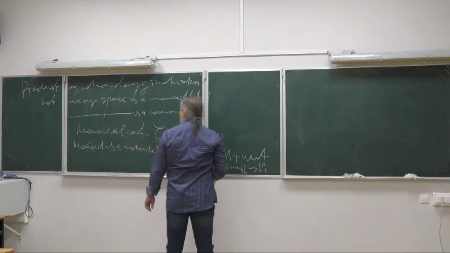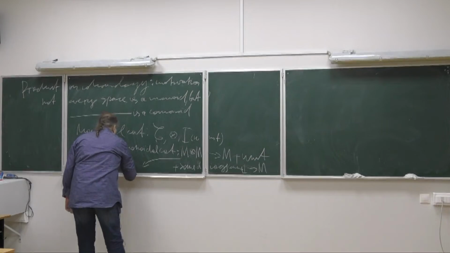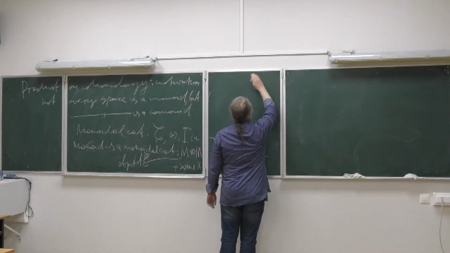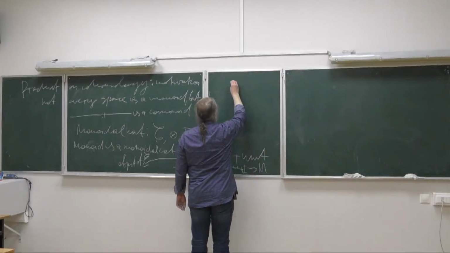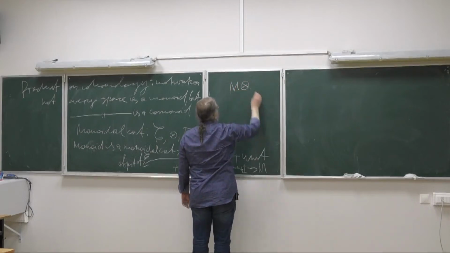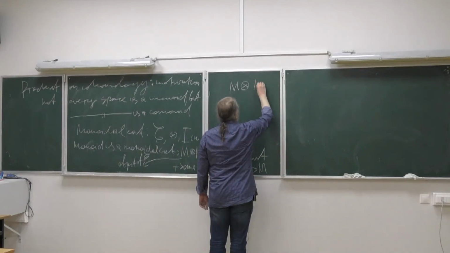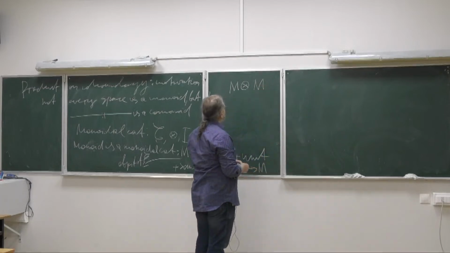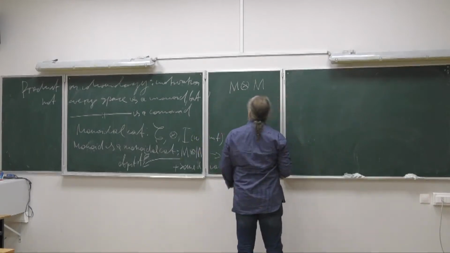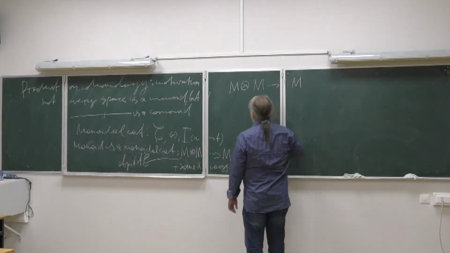So I have M. So M is an object of C. Okay, so I have the multiplication.